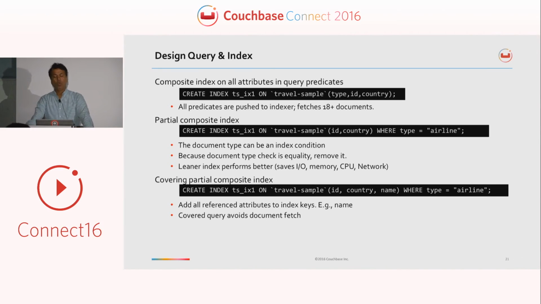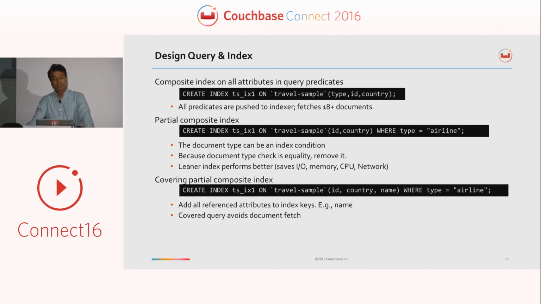One of the things that happens when you move a key to the condition is the keys in the condition do not get indexed. That means the index becomes leaner. We go back to having just two keys, but you still get very good filtering from the index.